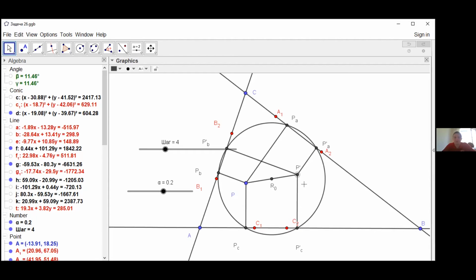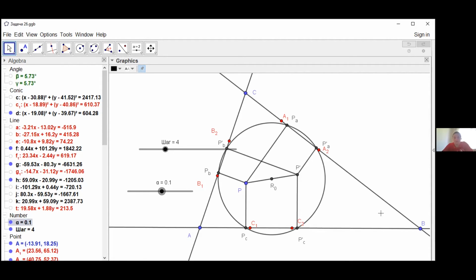So we can start with drawing projections of P and P prime onto the sidelines. And as is well known, these six points lie on the common pedal circle of these two isogonally conjugate points.